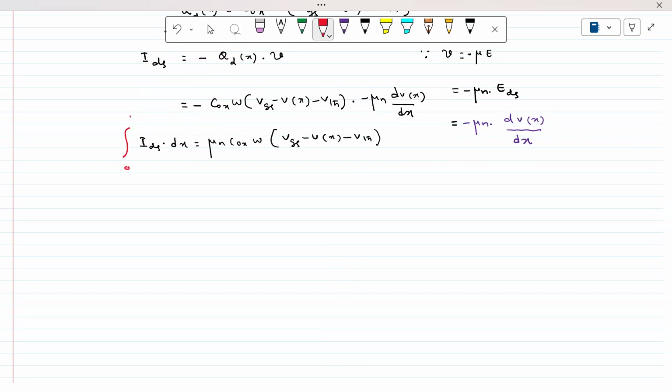X stands for the distance, and on the right hand side it is a voltage. Therefore, the distance means we integrate from 0 to L, and for the voltage we integrate with respect to voltage, from 0 to VDS.